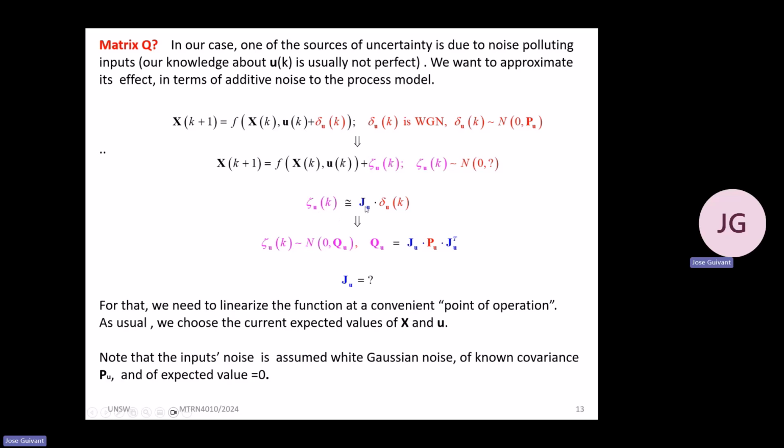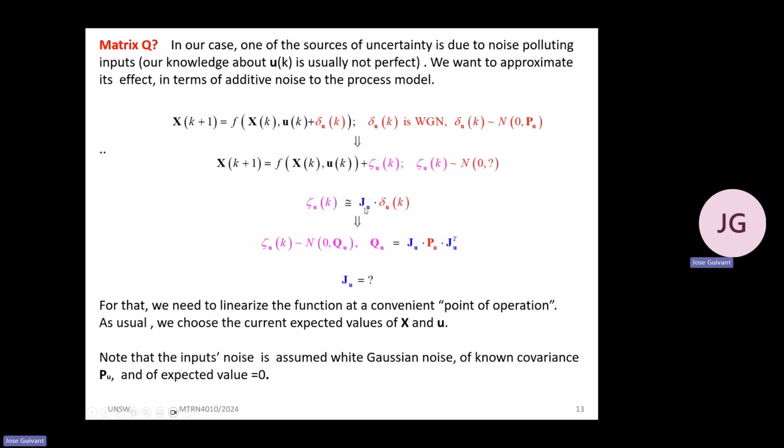That could be done just by getting the Jacobian of this function with respect to this perturbation. But because it's just adding to this input, we just get the Jacobian of this function with respect to the input. It's going to be the same thing. And we are going to evaluate that at the point of operation now.